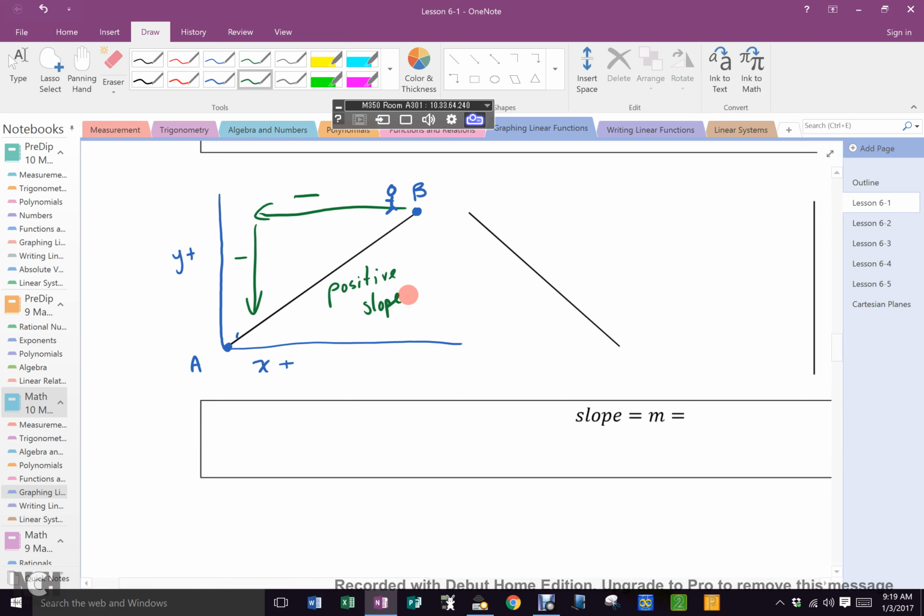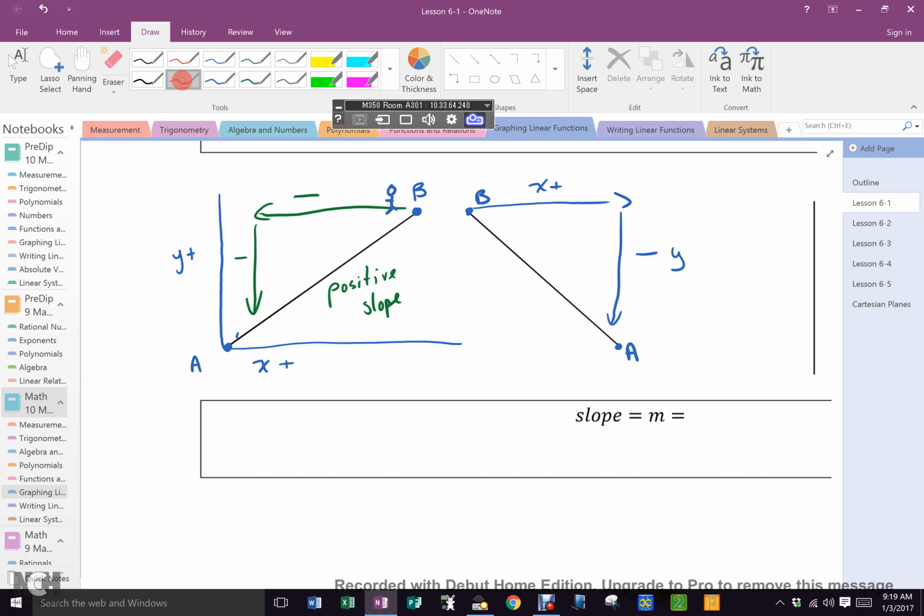Everybody cool? All right. So the next one, you guys should already be able to figure it out. There's B, there's A. I'm going B to A. So as I go B to A, what happens to my x value? It is going in a positive direction. What happens to my y value? It is a negative direction. Everybody with me?